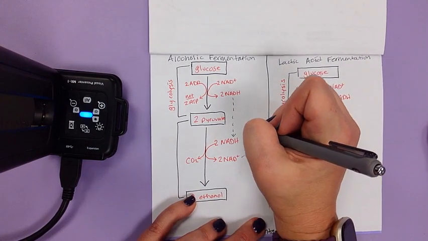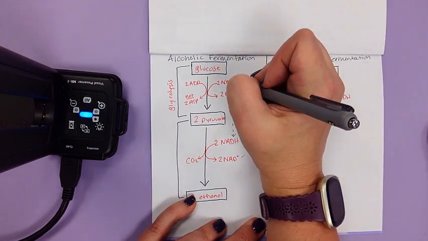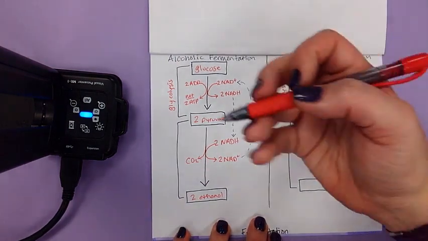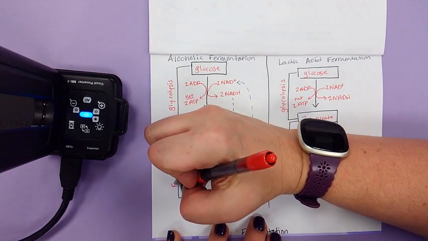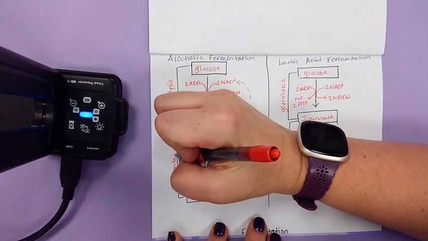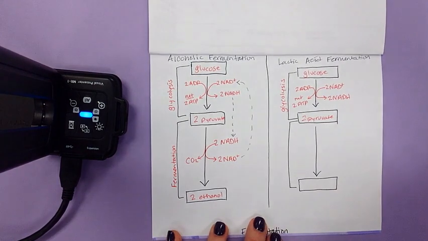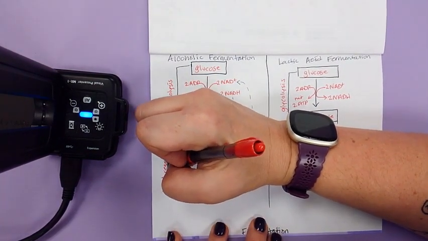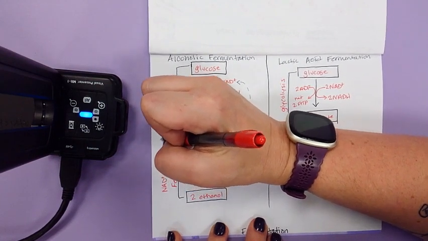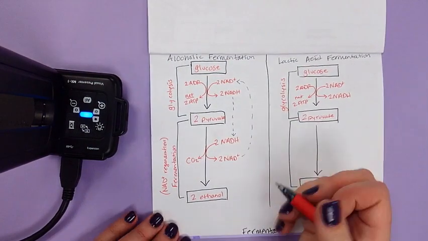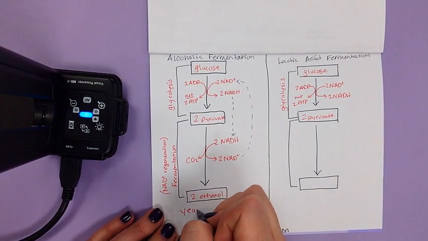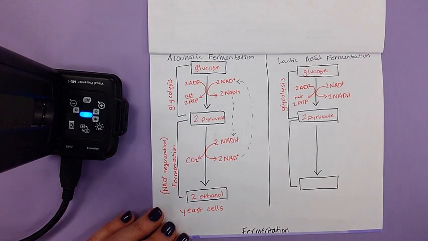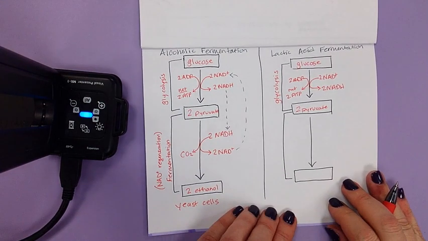So the 2 NADHs that we made in glycolysis are going to be used in this alcoholic fermentation step. And then the 2 NAD pluses that we make are going to be shuttled back to glycolysis. So this is fermentation, alcoholic fermentation to be specific. And it is just the regeneration of NAD plus so that we can make more ATP when we get more glucose. It's really important to note that alcoholic fermentation occurs in yeast cells.